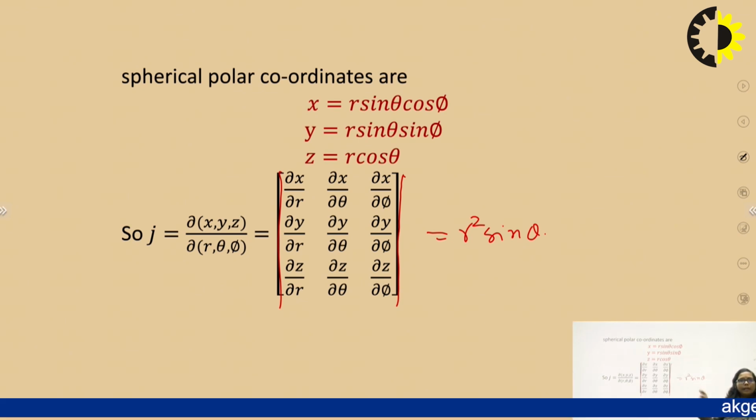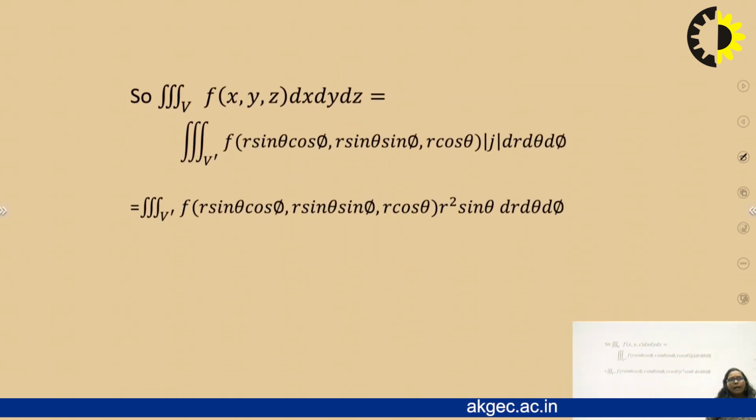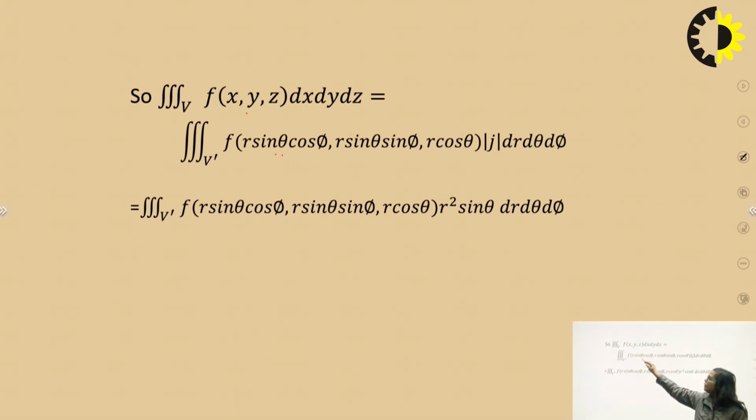If the Jacobian is r square sine theta, then when we start writing the integral, I have the integral in Cartesian coordinates, which is the triple integration of function of x, y, z into dx, dy, dz. We need to convert it to the spherical coordinates. So in place of x, we replace the value r sine theta cos phi.